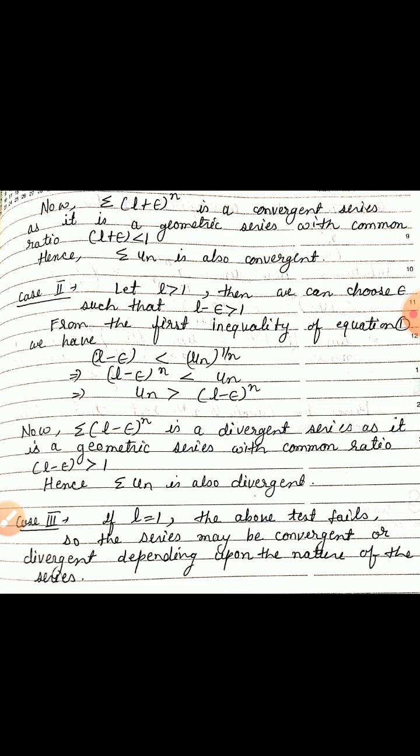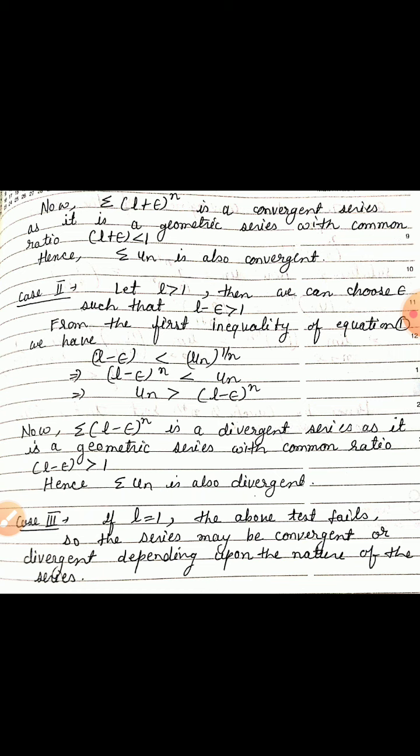Now case 2, let L be greater than 1. Then again we can choose a quantity epsilon such that L minus epsilon is also greater than 1. From the first inequality of equation 1, we have L minus epsilon is less than un power 1 by n.